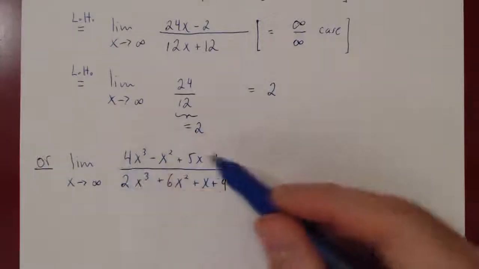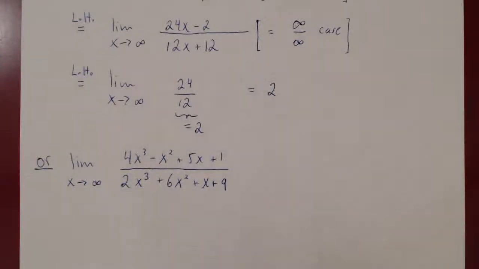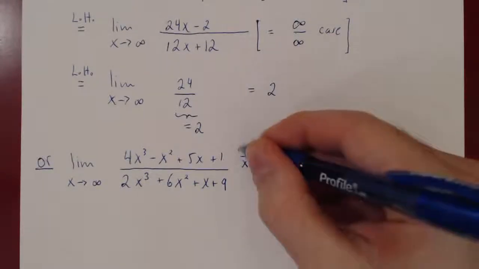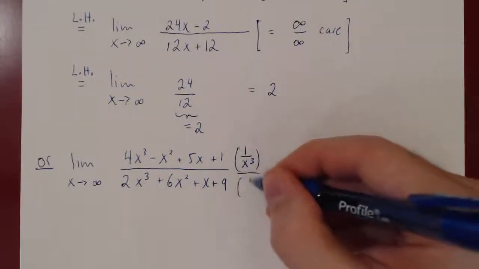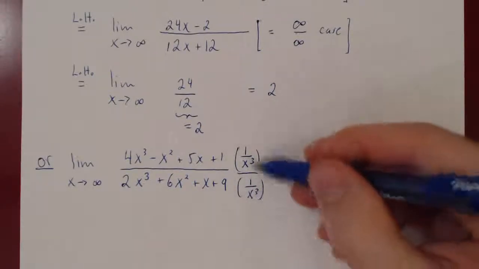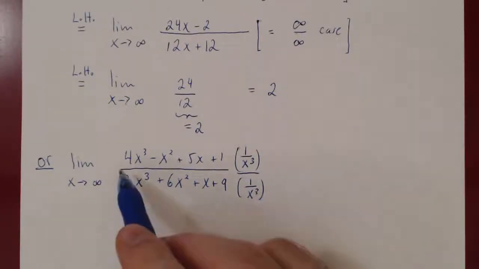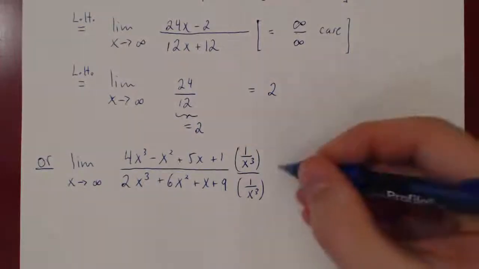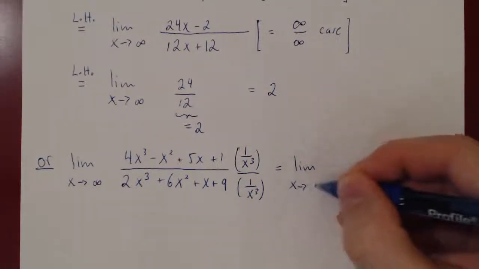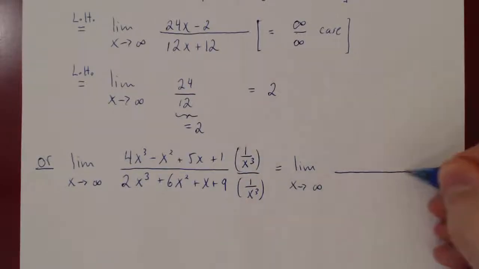X cubed is the dominant term on top and on the bottom of this fraction, so we multiply top and bottom by 1 over x cubed. Because 1 over x cubed over itself is just 1. So what are we going to get?